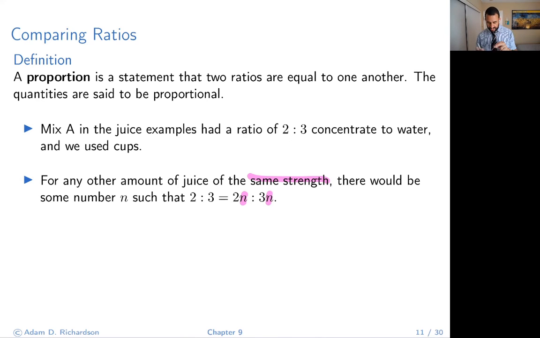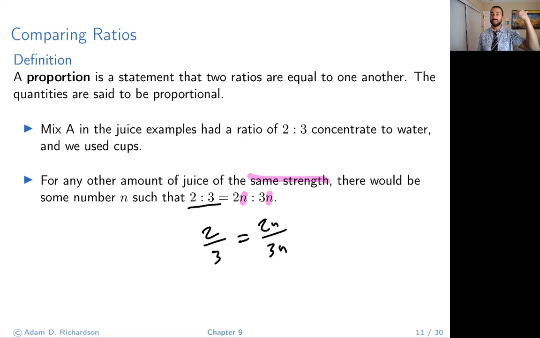And students tend to get thrown off by this at first, but remember, this symbol just means 2/3. And what we're saying here is that 2/3 is equal to 2n over 3n, which makes sense, right? Because we know about cancellation, and if you cancel those, you're going to get the same result. And n is basically how many times we want to scale the recipe. It's the factor by which we want to scale the recipe.